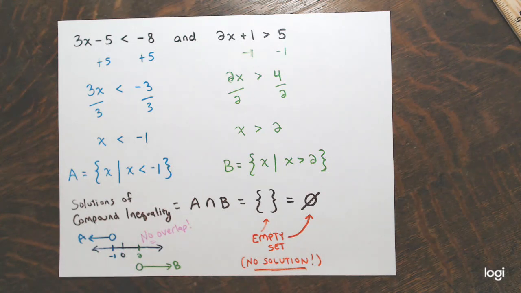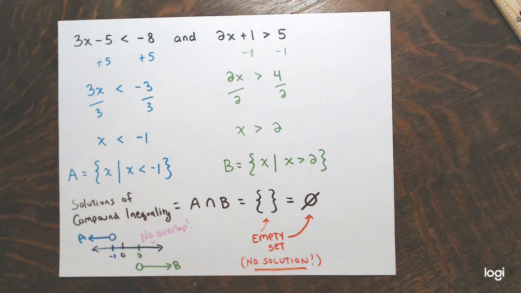So if you were to make a graph, well, if there's no solution, there's no graph. And if you're asked to make an interval, again, if there's no solution, there's nothing in the set, there's no interval to write, right? An interval will represent infinitely many numbers. We've seen our intervals in the past.